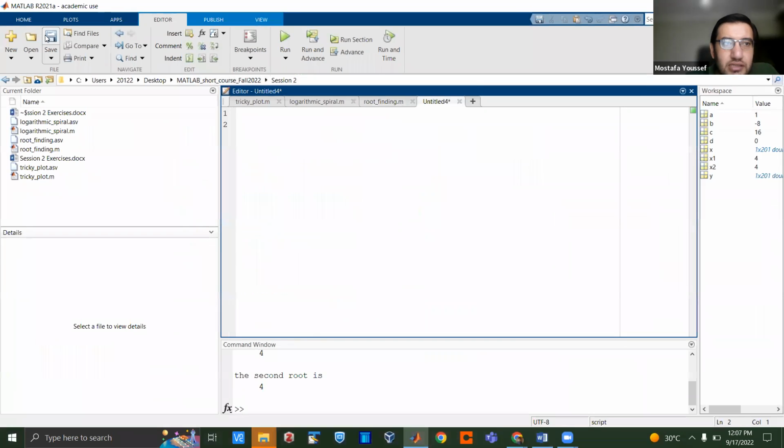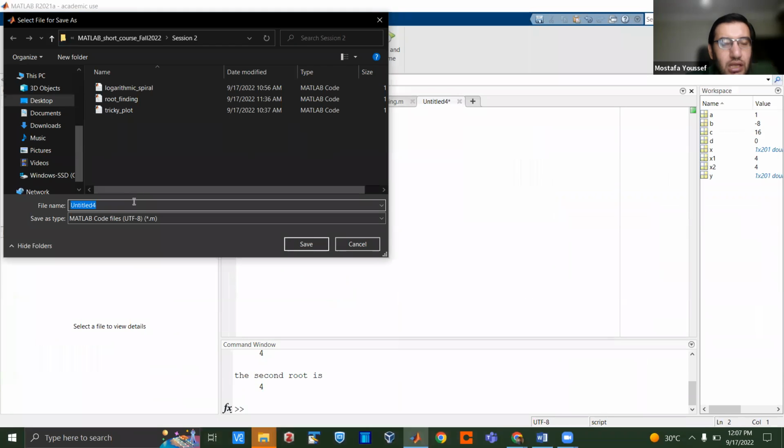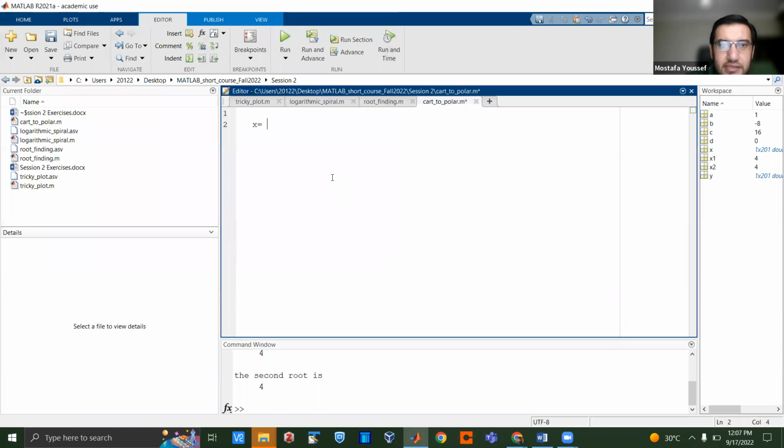So let's save it. I'm going to call it, maybe, Cartesian to polar. So, of course, it's recommended to do clc at the beginning and clear all. x equals input, and let's put here 'enter value of x'.